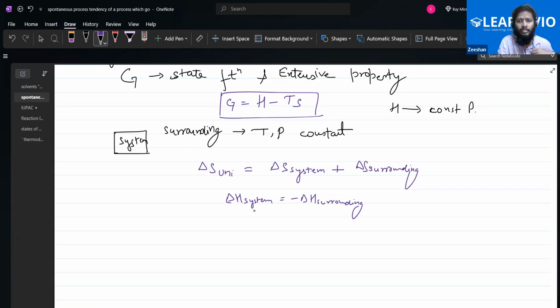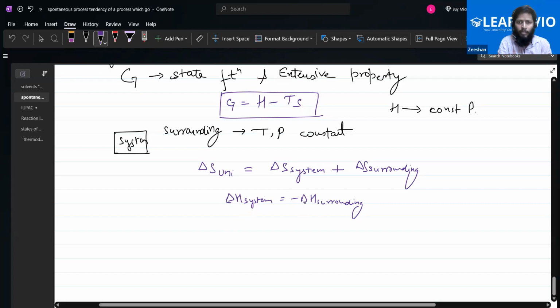So the surrounding heat is transferred to the system, so it will be completely opposite, with opposite sign. So delta S of surrounding is equal to delta H of surrounding upon T, by the formula delta S equals Q by T.